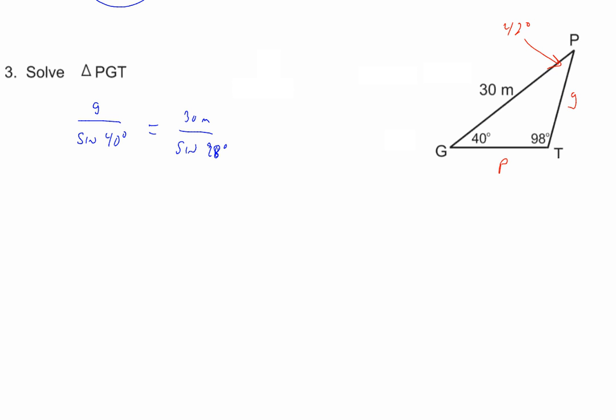Thank you. No Kool-Aid for you. All right, move the sine 40 and solve that out. You're just punching that on your calculator: 30 times sine of 40 divided by the sine of 98. And what do we end up with?